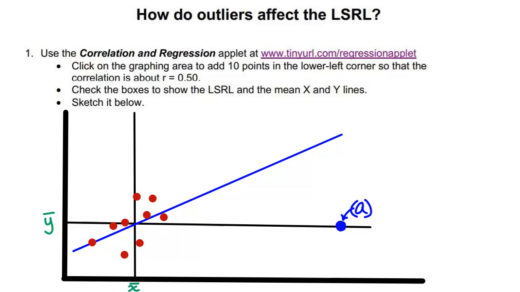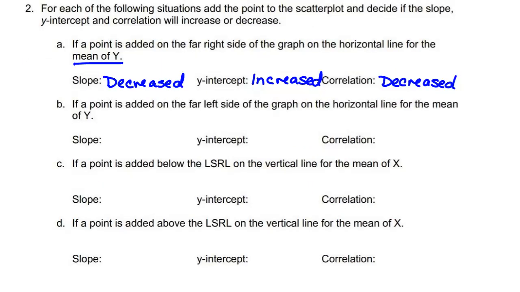All right, so let's go back and look. Here, I'm going to add that to my picture. When I add a point way over here for part B, what happened to the overall slope? Decreased. Y-intercept? Increased.